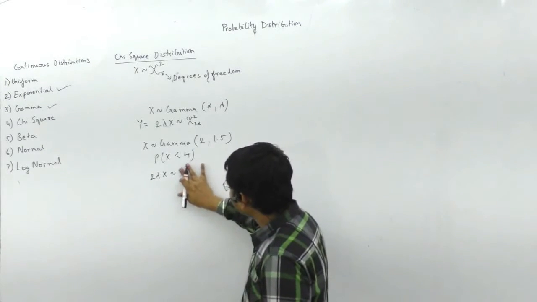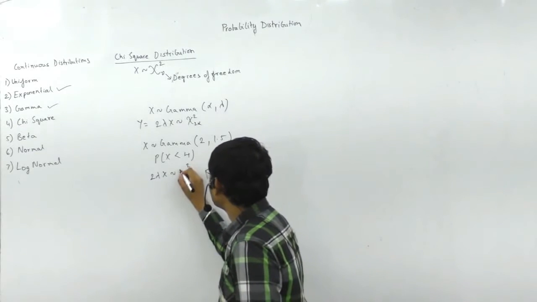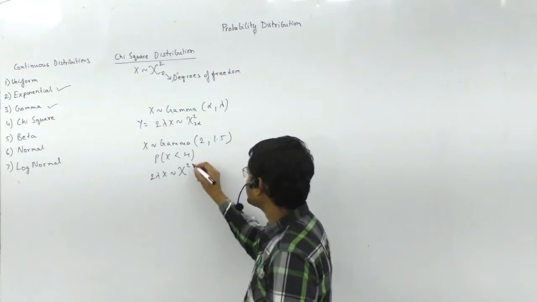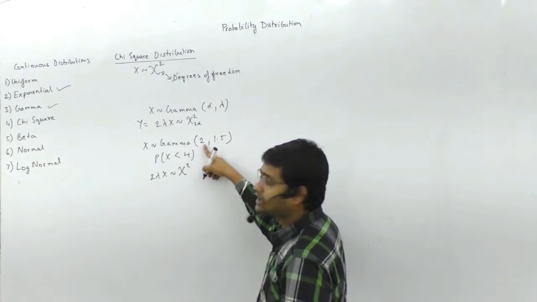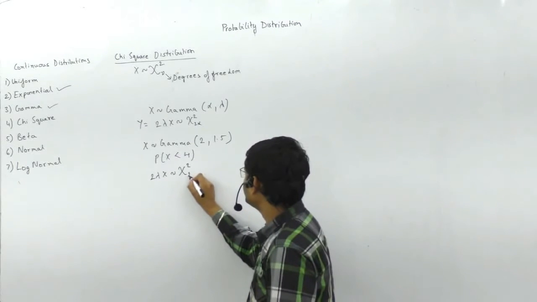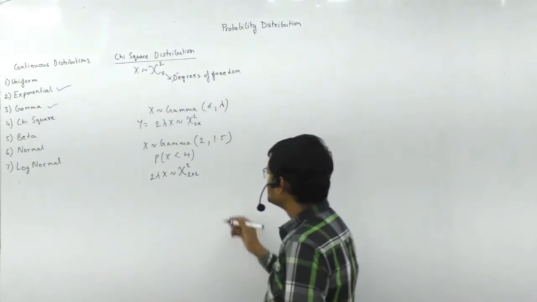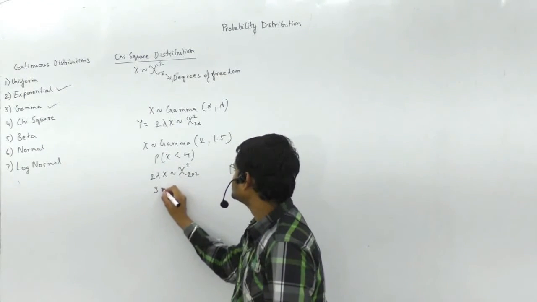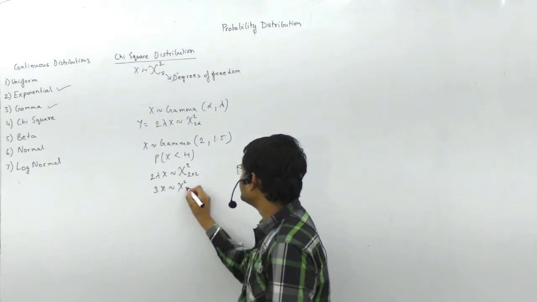Preferably your x should look a little bit different from your chi-square, so try to make it a little bit different. We'll have 2 alpha, alpha is 2, so we get 2 into 2, or you can directly write 4. So 2 lambda is nothing but 3, so 3x will follow chi-square 4.